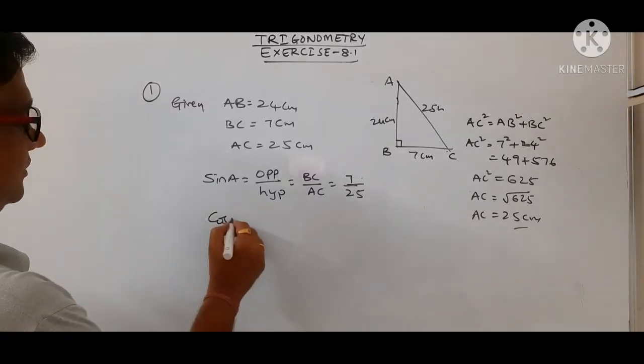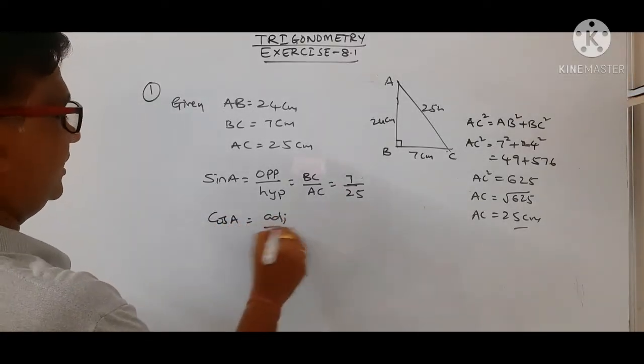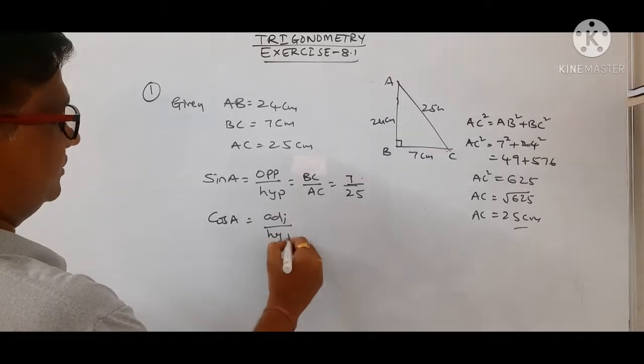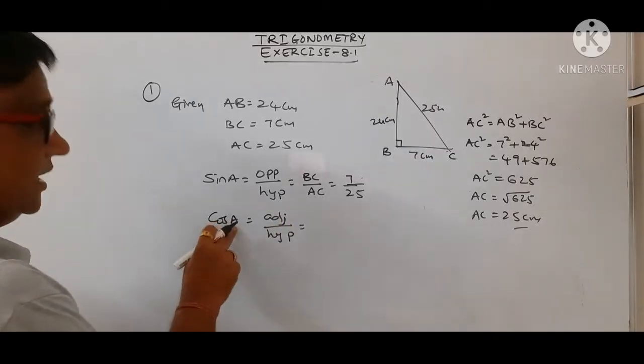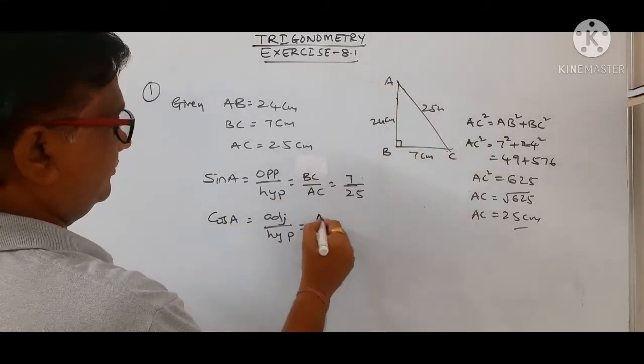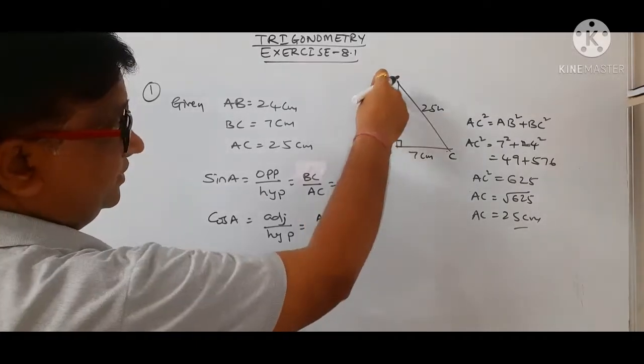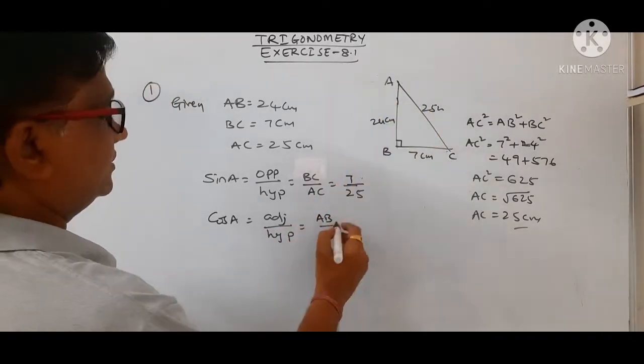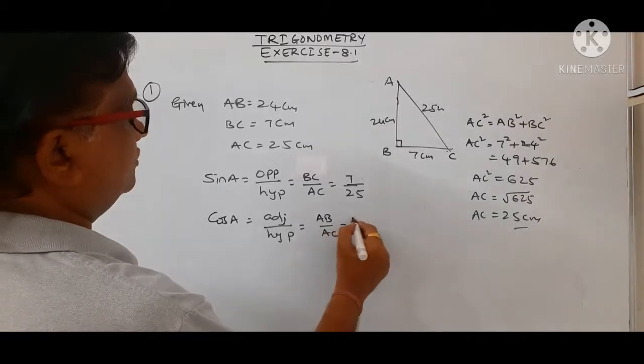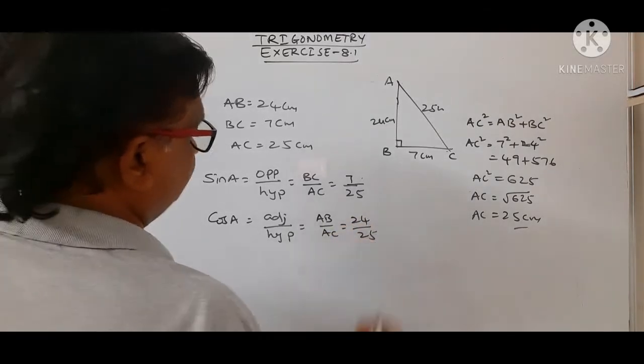So cos A is adjacent by hypotenuse. The adjacent of A is AB. A is here: A opposite, A adjacent, and AC. So 24 by 25.